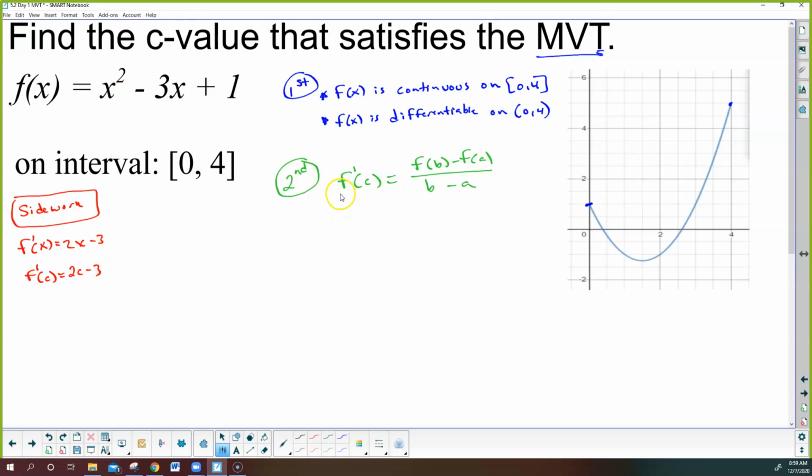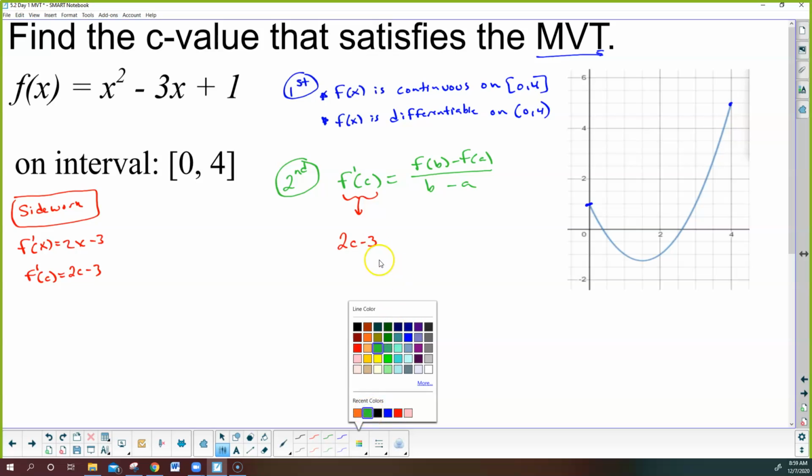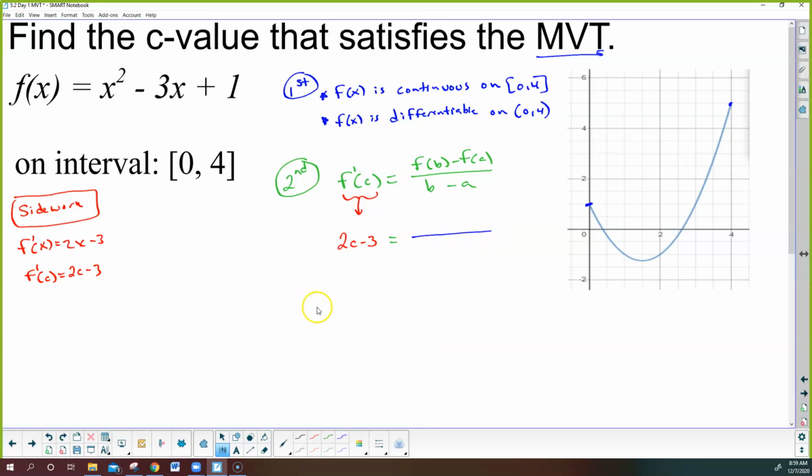If you can do this part in your head and you know what that's going to look like, okay? So we just took the derivative, put in C, and then that's going to equal the interval from A to B. Well, all right, B is 4, A is 0, and then I have to find their outputs.